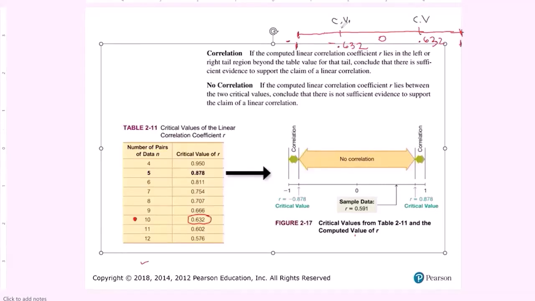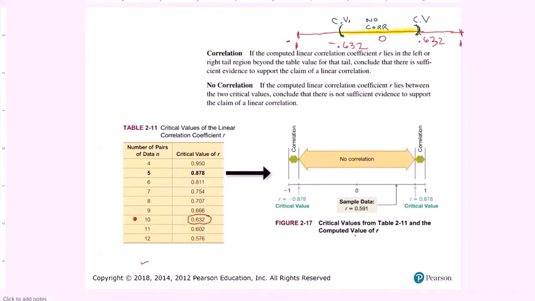If my R is between those two critical values, we can see that there is no correlation. That means it could happen randomly. If it's between here and here, it could be a coincidence. It could not be a coincidence, but we don't really have enough data to tell.